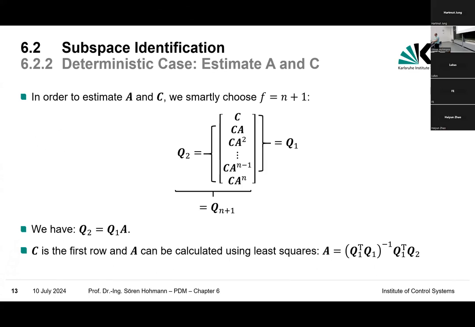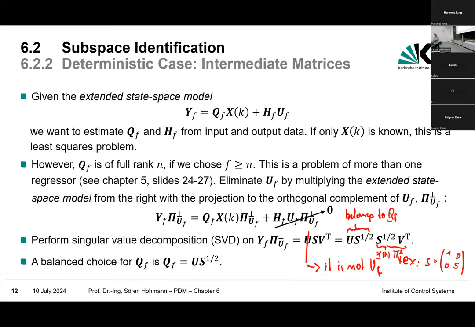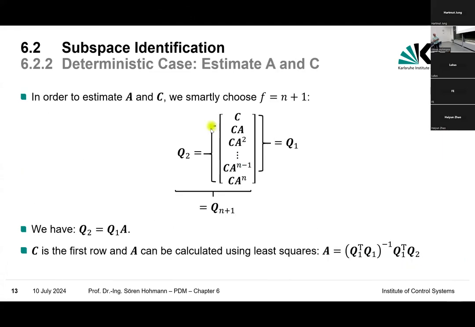I know C. Okay, back to this equation. If I look at the first entries of QF, I have C. Second, I can look at two matrices, namely Q1 and Q2, without C. Obviously, we get Q2 out of Q1 by multiplying with A. So if C is given, I get A out of the following equation.